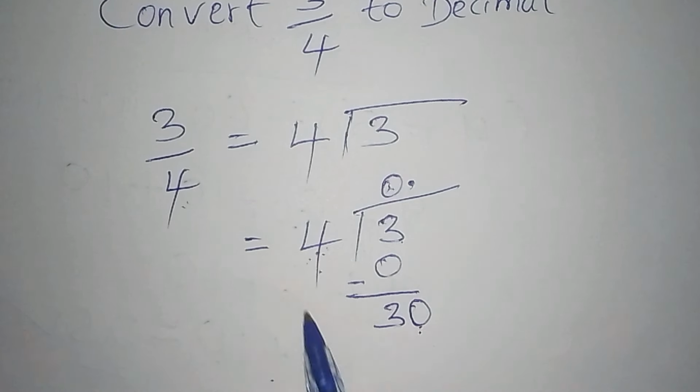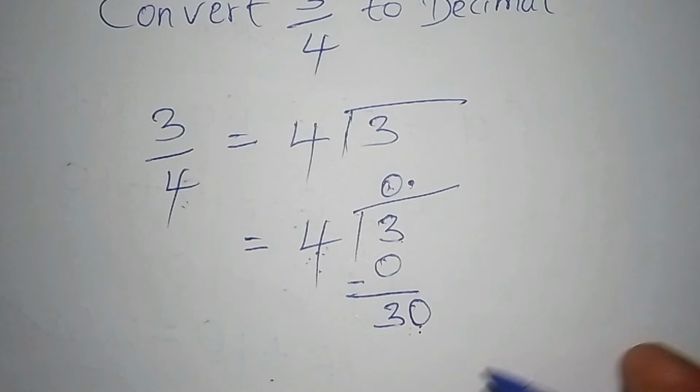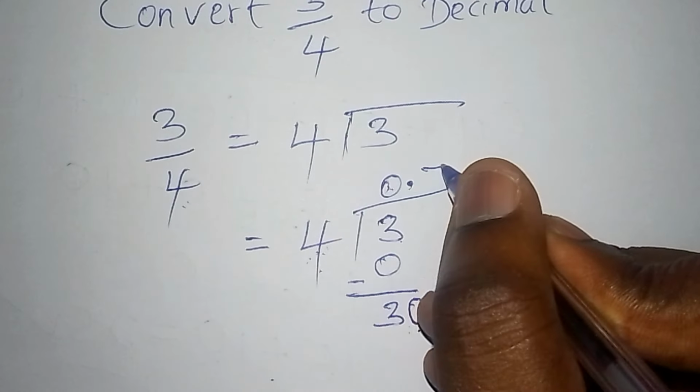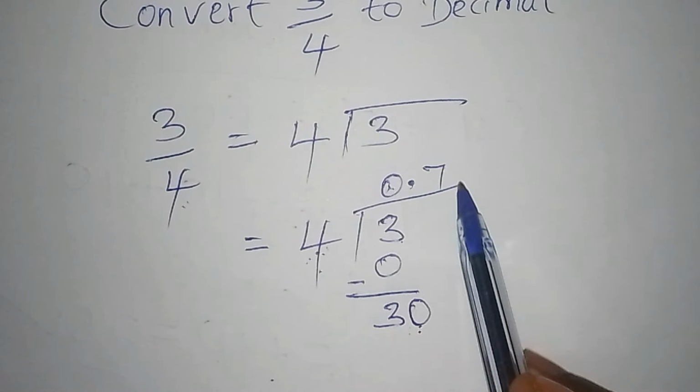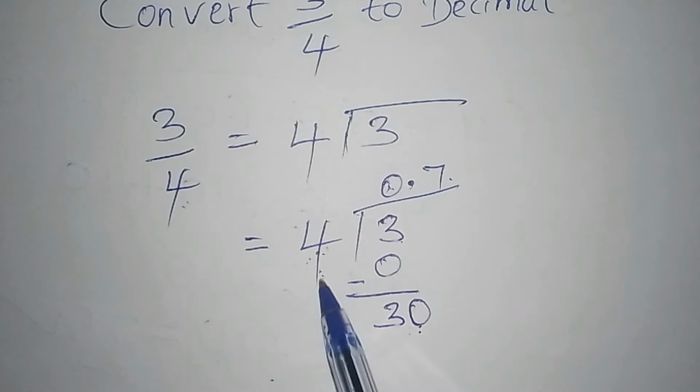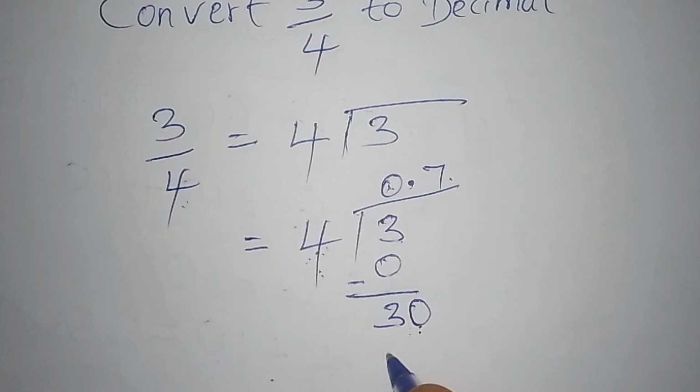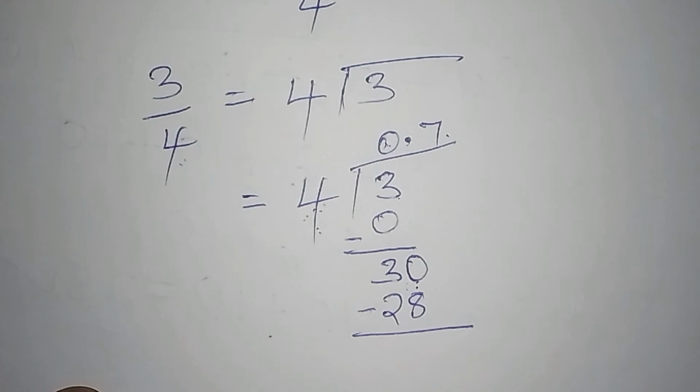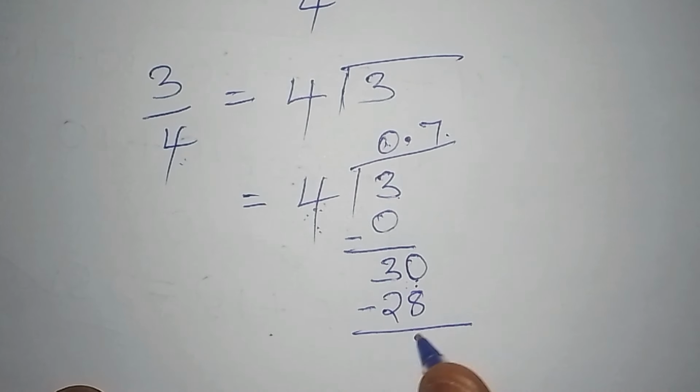So 4 goes into 30 how many times? We shall say that 4 goes into 30 7 times here. So we shall have our 7, and 7 times 4 brings us 28. So we shall write our 28 down there. Then from there we shall subtract the difference. So when you subtract, the difference now becomes 2.